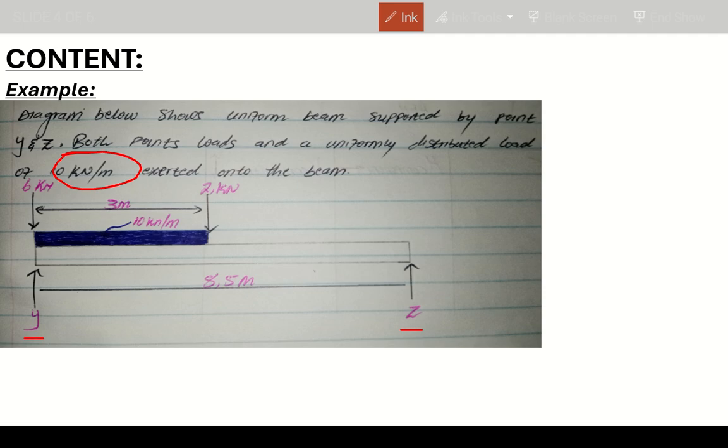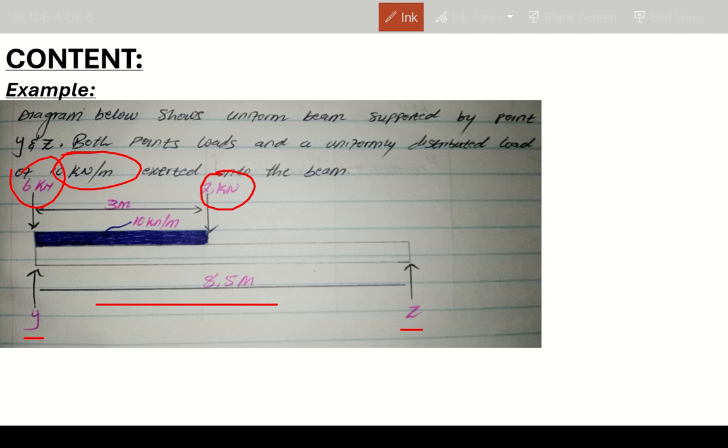So first things first, before you even start calculating, you should know how to calculate the equivalent point load, the EPL. If you know that one, then the rest will follow. The distance acting downwards towards the UDL is 2, and on this side, towards the Y point, it's 6.